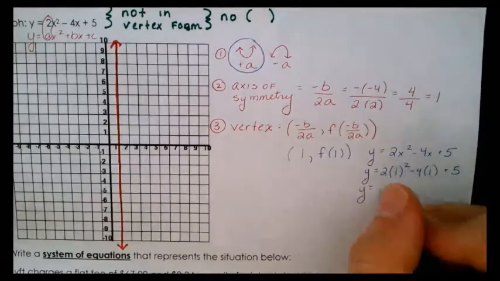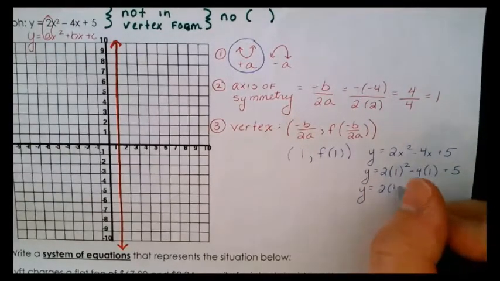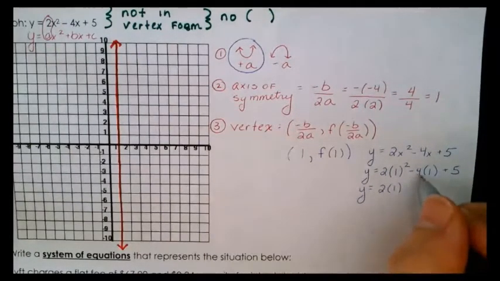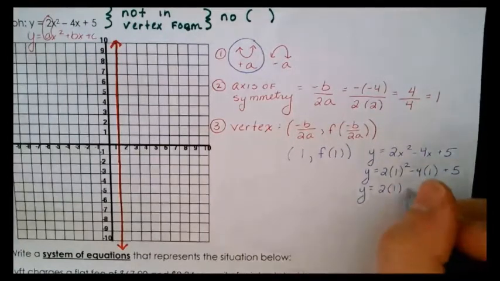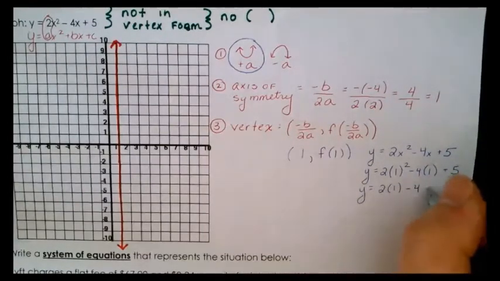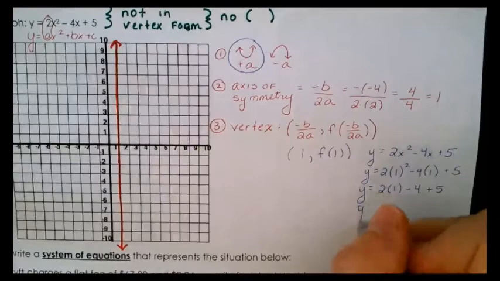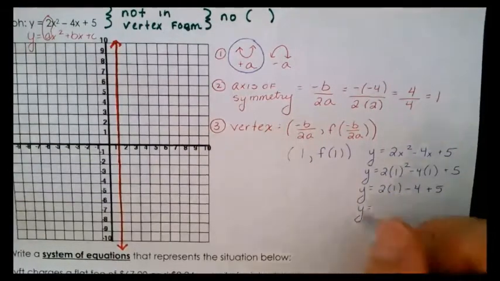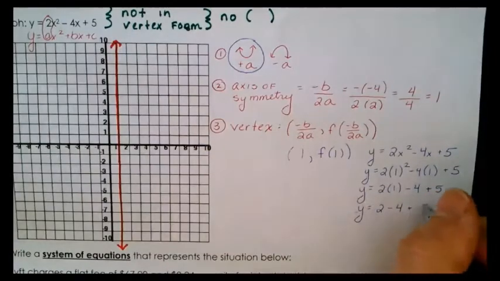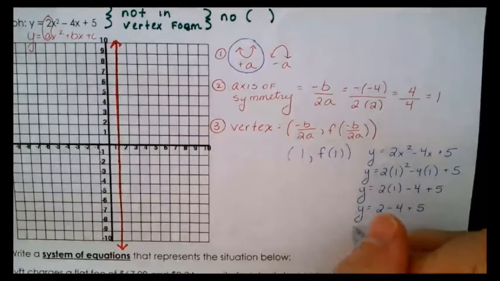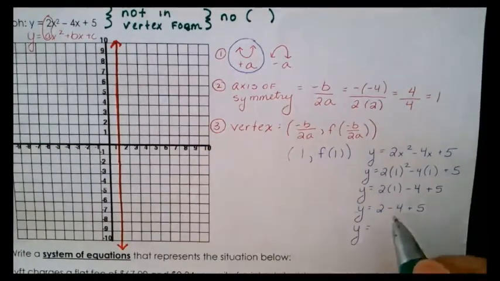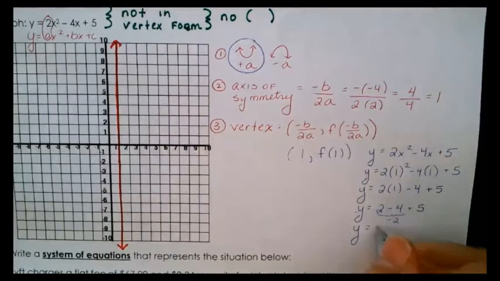So this is going to be 2 times 1. Negative 4 times 1 is negative 4 plus 5. y equals 2 times 1 is 2 minus 4 plus 5. y equals 2 minus 4 is negative 2 plus 5 is going to give me 3.